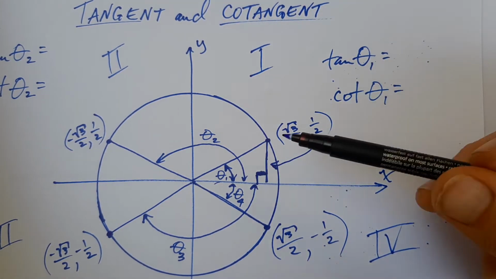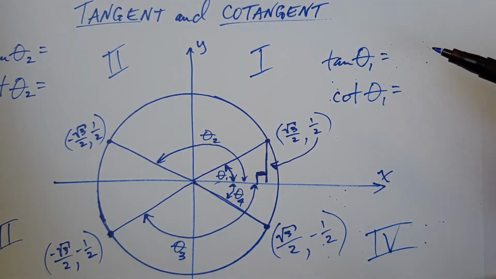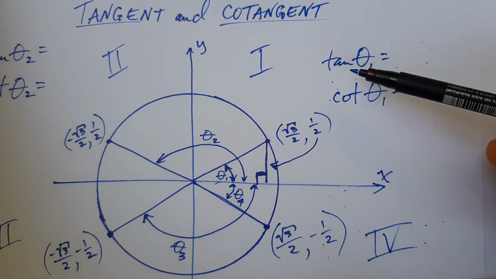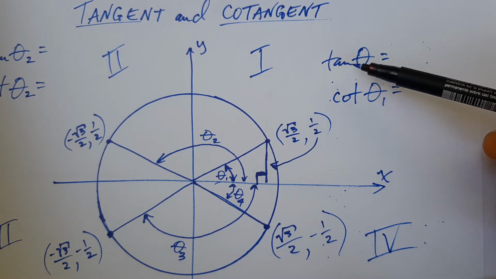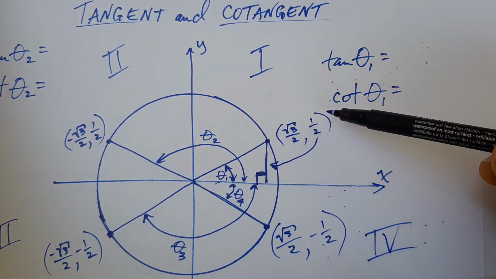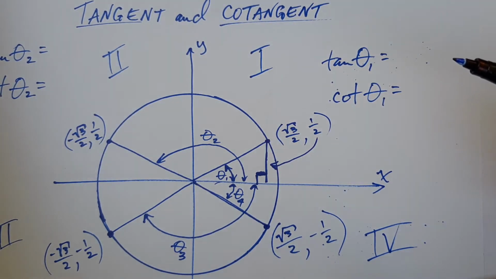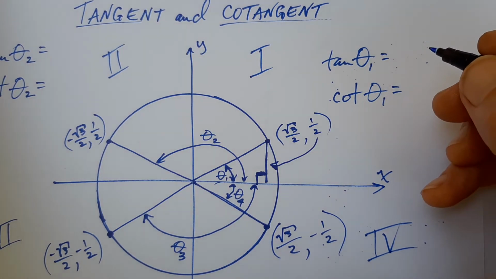Tangent we know is the slope of this line. Tangent is slope, that's where these trig functions all get started. The tangent of this hypotenuse, the tangent of this line, is the slope of the line, by definition.